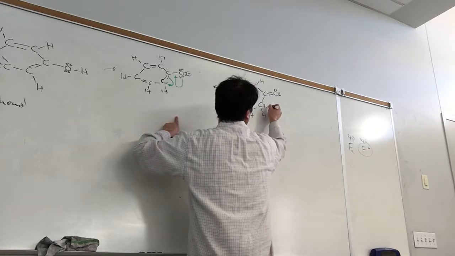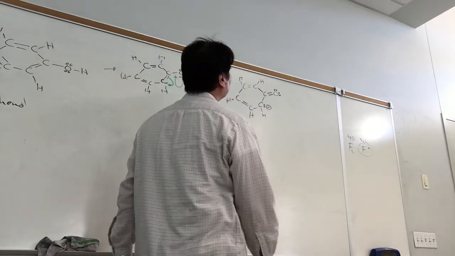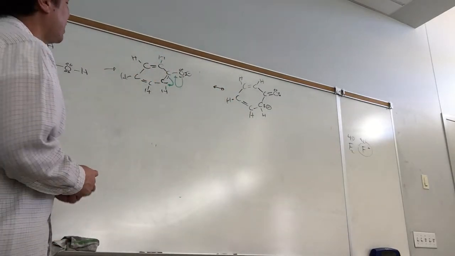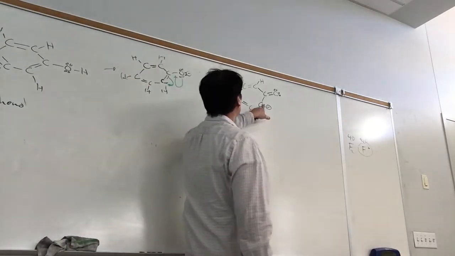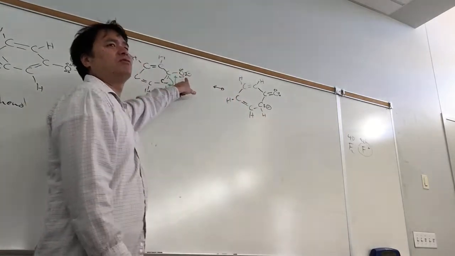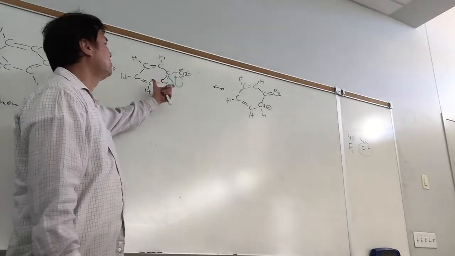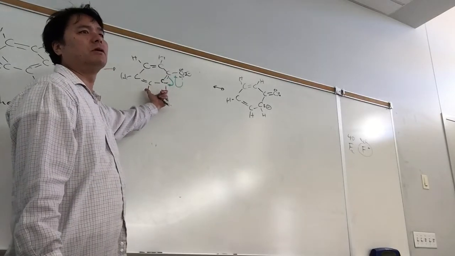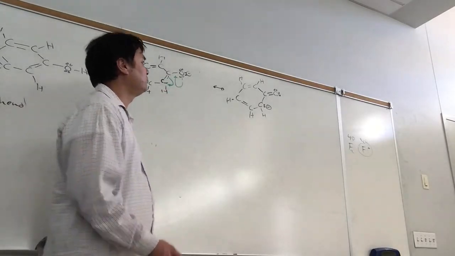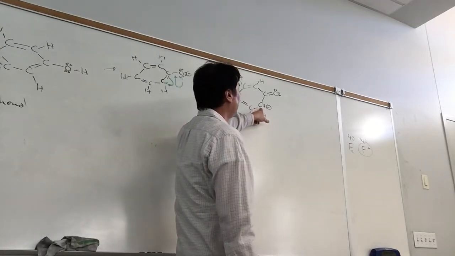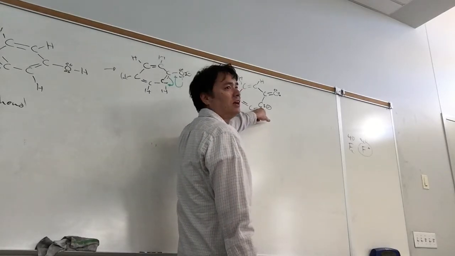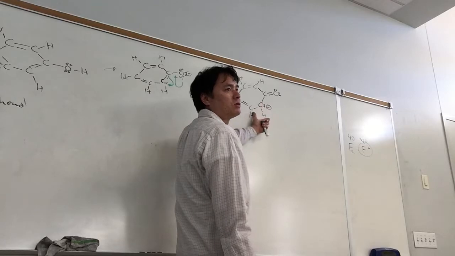This carbon now is going to have the negative formal charge. Well, what's better, to have a negative formal charge on carbon or to have a negative formal charge on oxygen? To have a negative formal charge on oxygen. And so this is more stable. This is going to be the dominant form. But, you know, carbon's 2.5, oxygen's 3.5, so it could happen like this. This could be a minor contributor.